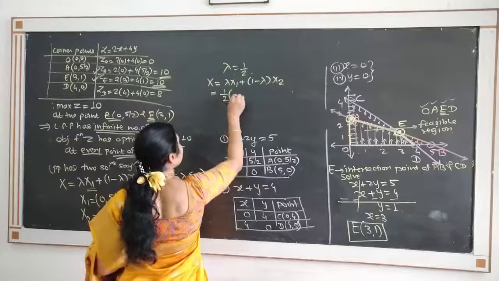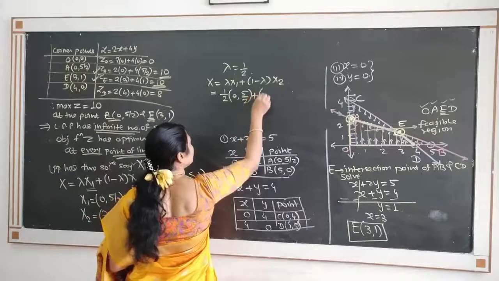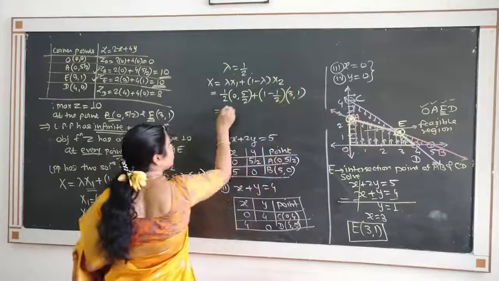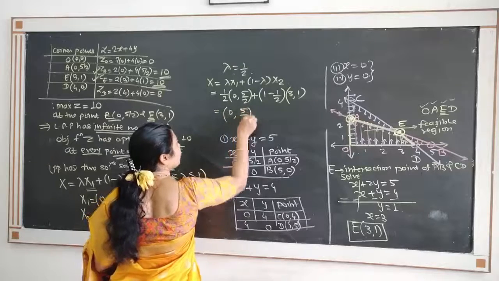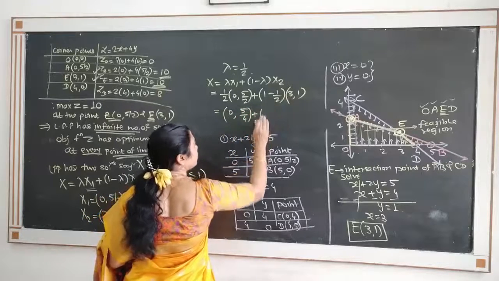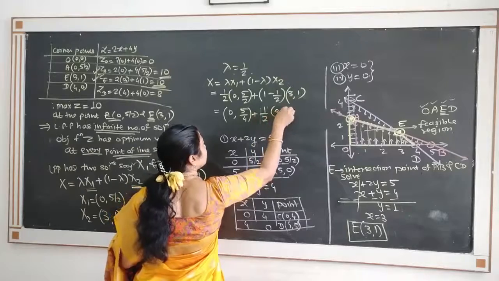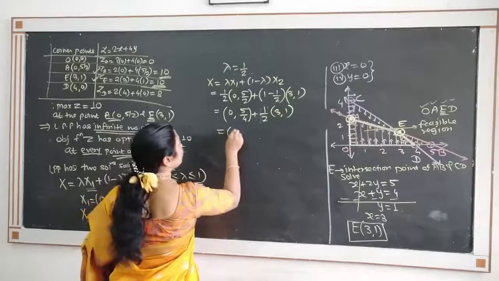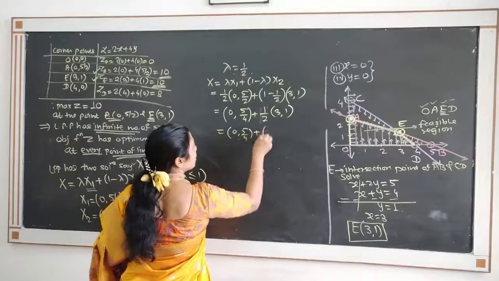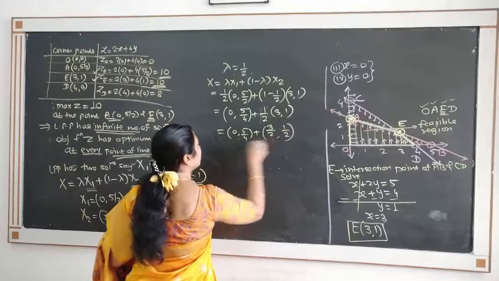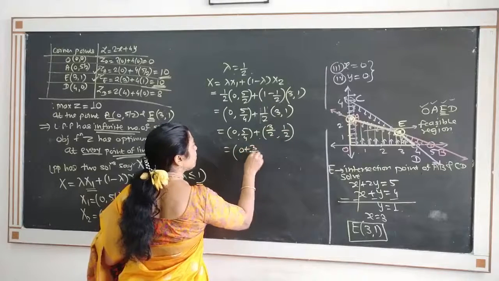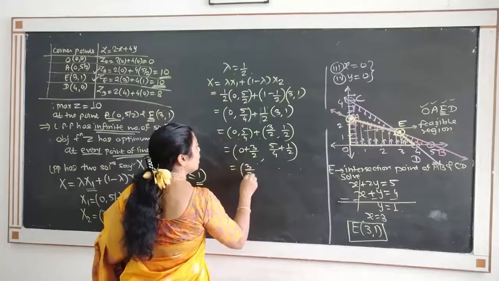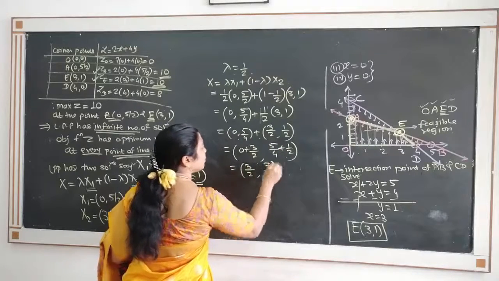Our x1 value is (0, 5/2), that is our first solution. 1 minus 1/2, x2 is the second solution, (3, 1). So it becomes (0, 5/4) plus 1/2 into (3, 1). That is (0, 5/4) plus (3/2, 1/2). It is nothing but 0 plus 3/2 and 5/4 plus 1/2, which comes to be (3/2, 7/4).